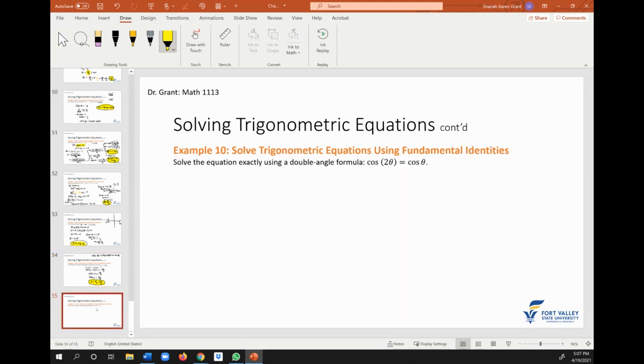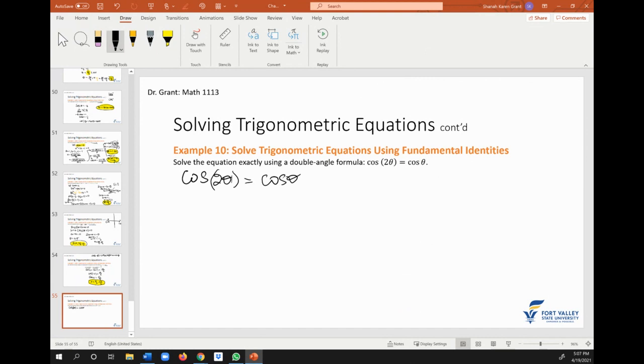All right, so the last example we're going to use is the double angle formula. They told us to use it anyways, which is great. So we have cosine of 2 theta equals cosine theta, and we're trying to solve this.